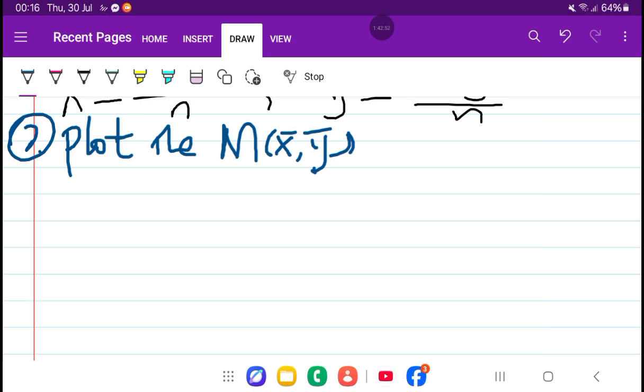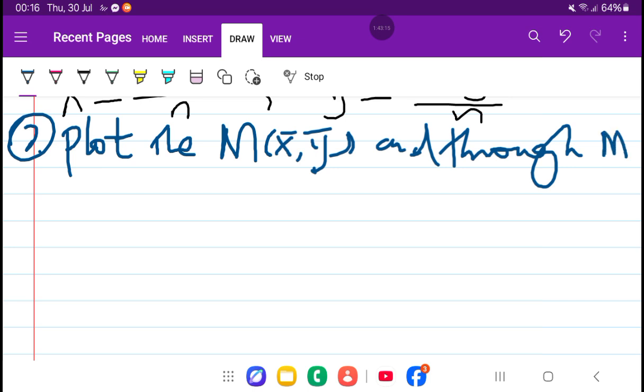Plot X bar and Y bar. In other words, plot the mean of those two means. And through that point, through M, you plot and label it as point M, capital M.